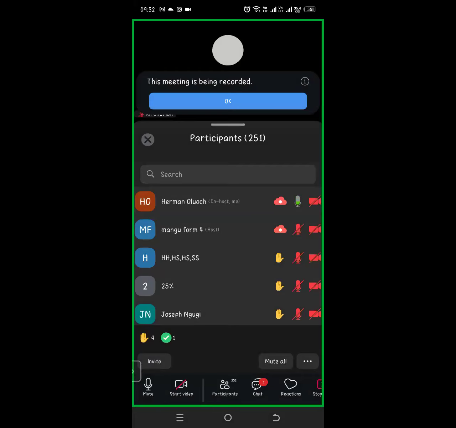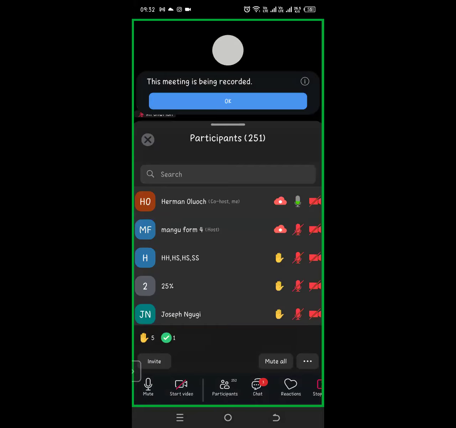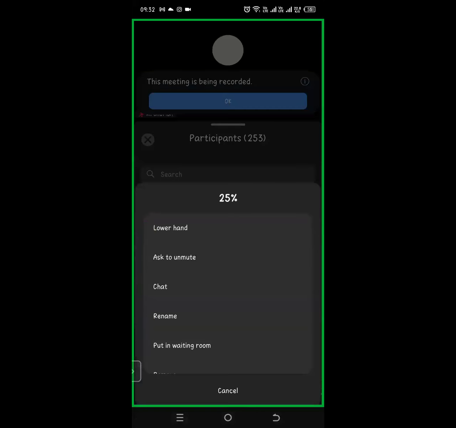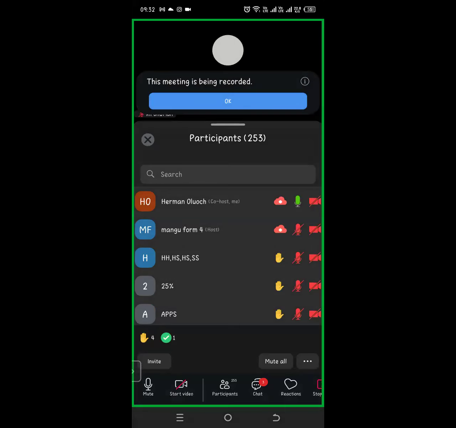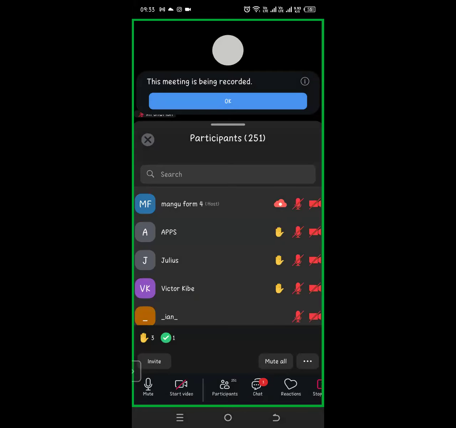This guy who has written genotypes on his timeline, kindly unmute and speak. Yes, I can see someone called 25. 25, you can unmute and speak. I can see Victor Kibe. Victor, you can unmute and speak.